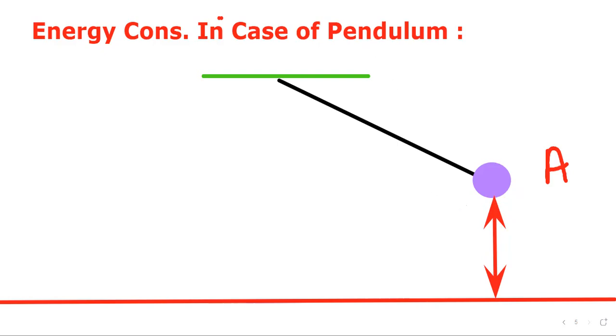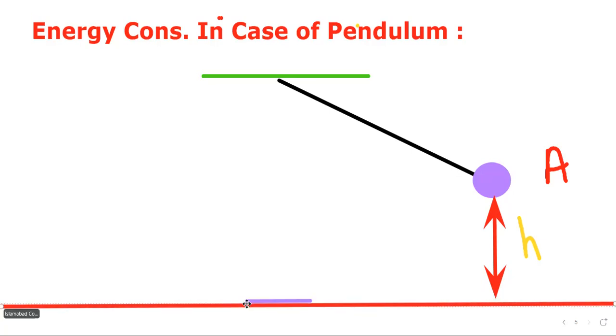Due to this height, it will have some gravitational potential energy at position A. The source of this potential energy is the work which we did to move the pendulum from mean position to position A. This height h is what actually gives the potential energy to this object.